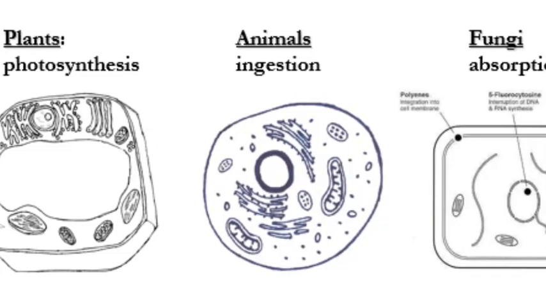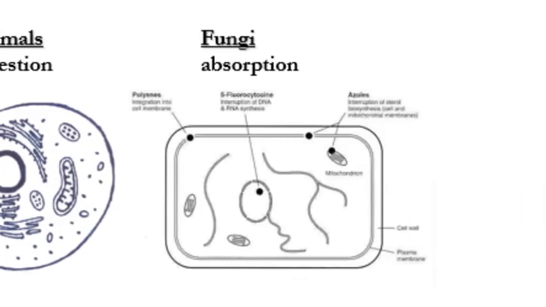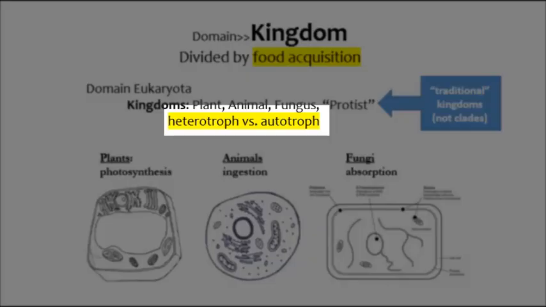Animals take in food, ingesting it and digesting the food within their body or cell. And fungi grow through their food, digesting it outside the body and then absorbing the nutrients. These 3 types of energy acquisition can be categorized as autotrophic, which means the organism produces its own food, or heterotrophic, the organism takes its food from another life form.